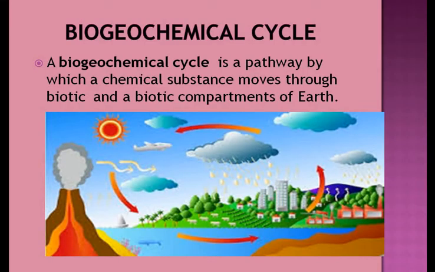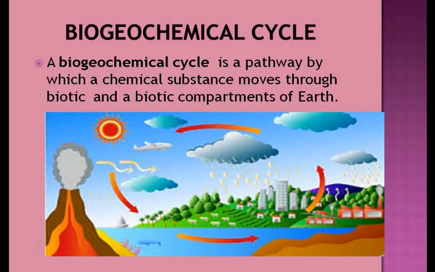One of them is the biogeochemical cycle, which you have read in your previous class. What is it? It is a natural recycling that allows the flow of the materials. It is needed for the survival of the ecosystem.